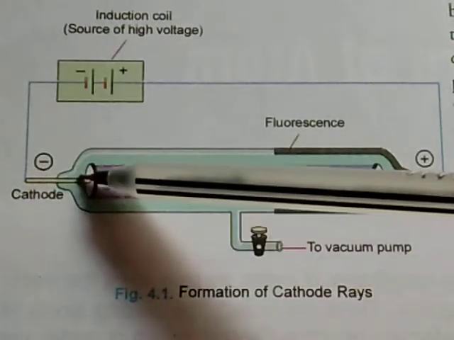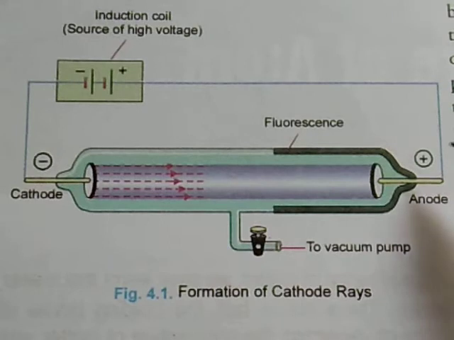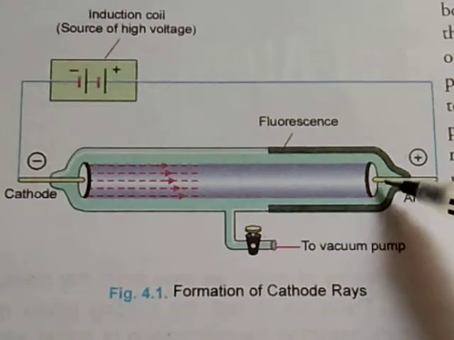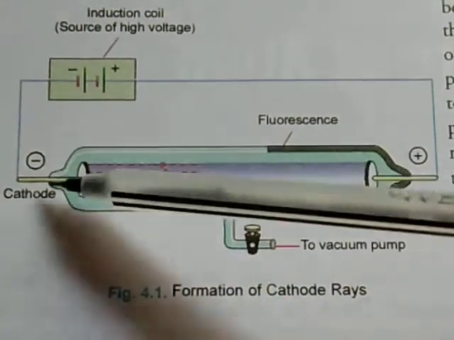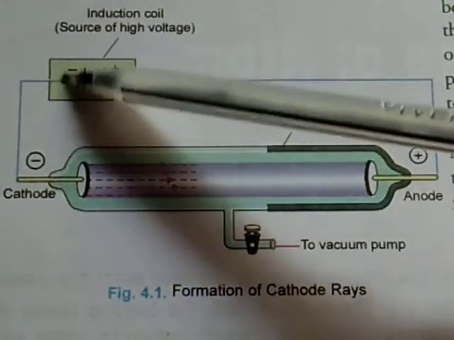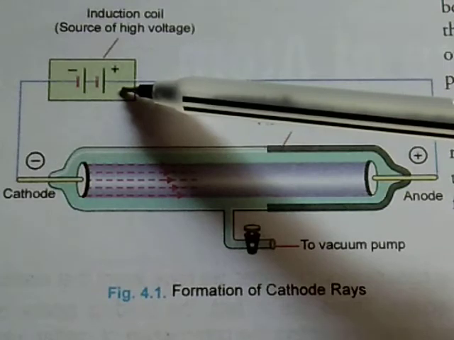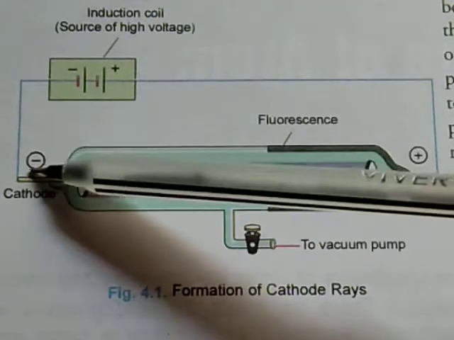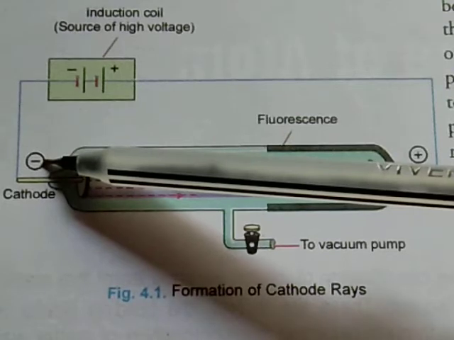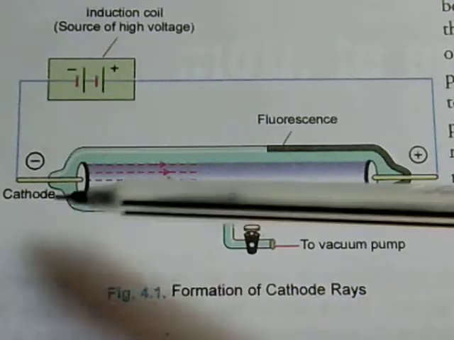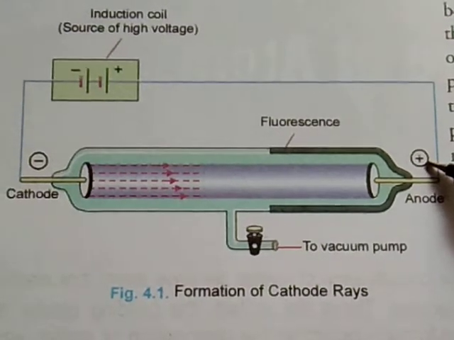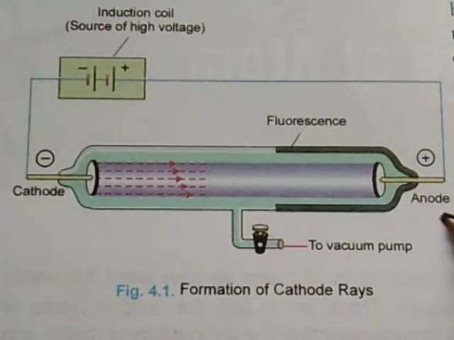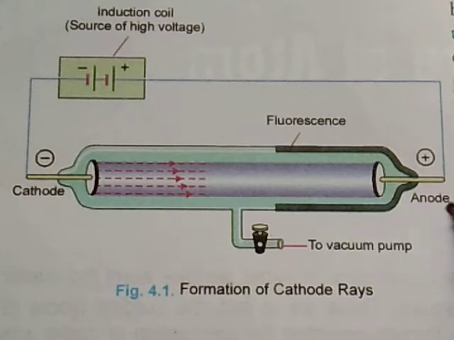At the ends of the discharge tube, two electrodes were placed, and these are connected to a battery for high voltage supply. The electrode connected to negative is called the cathode, and the electrode connected to positive is called the anode.